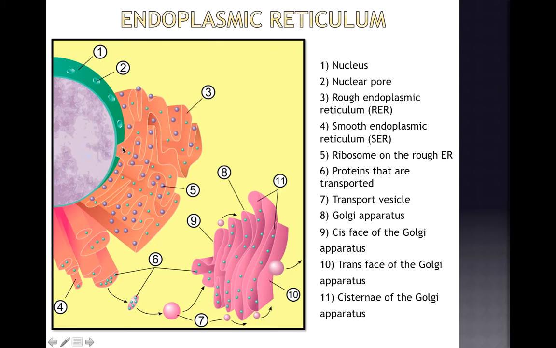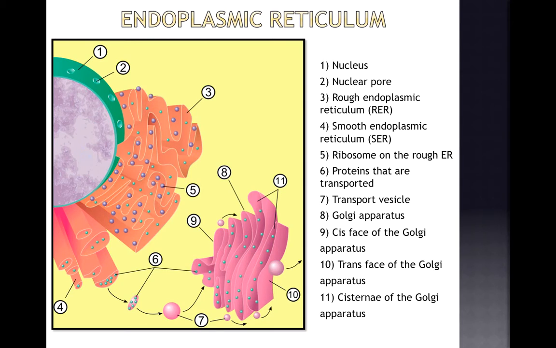The endoplasmic reticulum is a network with folds and everything in order to increase the surface, but it's a large network of membrane that is attached to the nuclear membrane. So it's always very close to the nucleus. Now, the proteins that are released inside the endoplasmic reticulum are processed further.